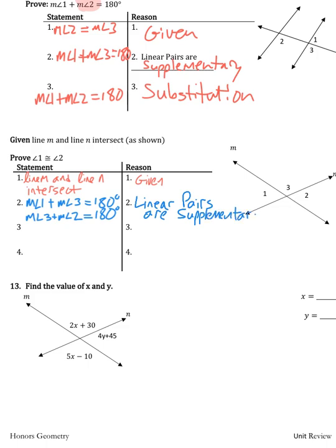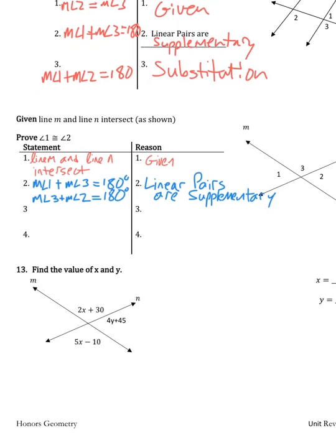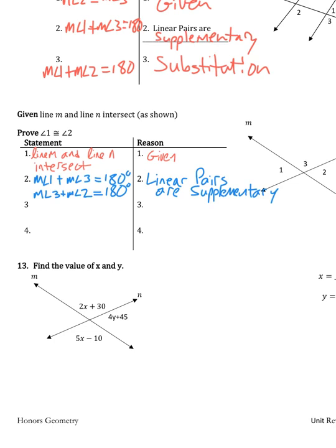Now, we could break that up into a couple lines to say that first they're a linear pair, and then another line to say that they add to 180. That might be a little more formal, but this is good enough. That'll do for us.